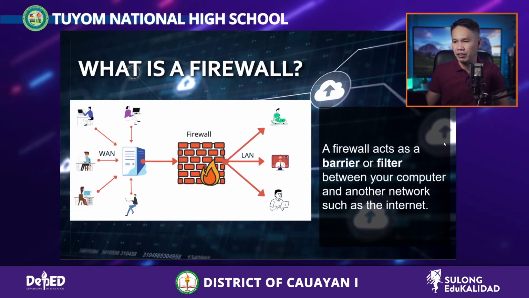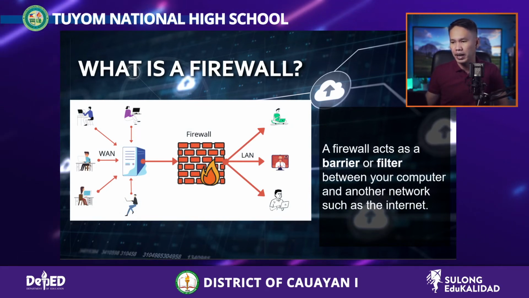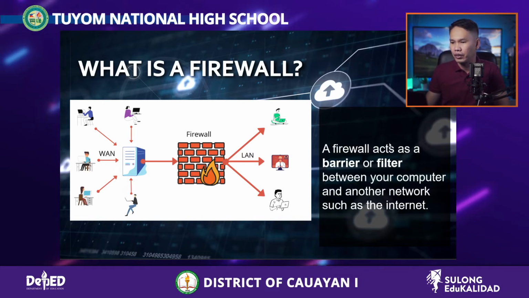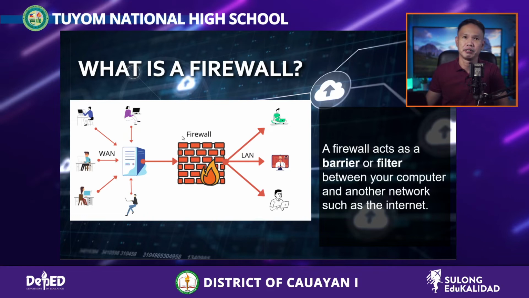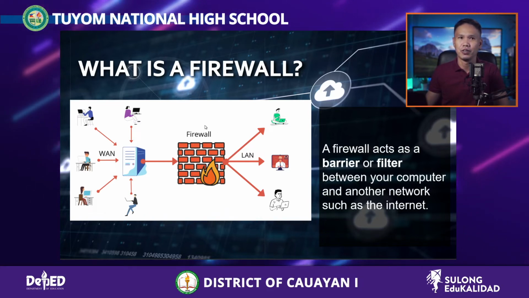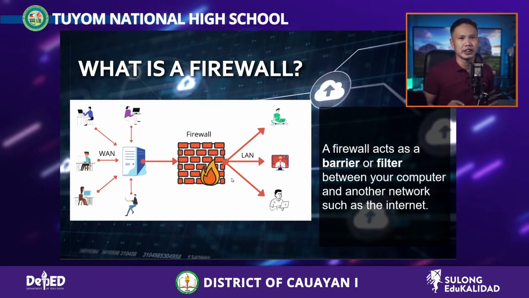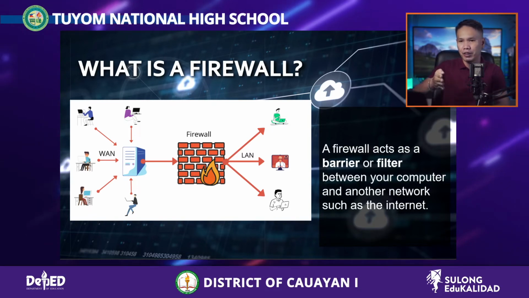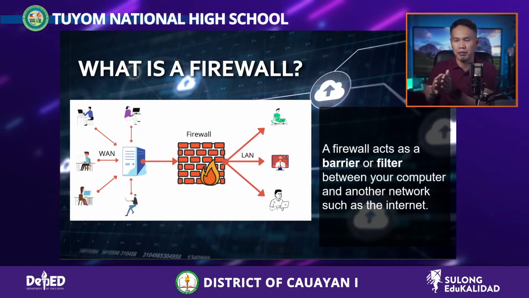So what is a firewall? A firewall acts as a barrier or filter between your computer and another network such as an internet. Mapapansin nyo dito, yung picture parati is always about itong wall na to. Because literally, that is a firewall. Pag nagpapatayo kasi ng bahay, may firewall yan siya. Okay? For example, maraming bahay na dikit-dikit.